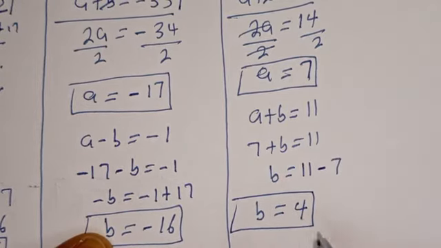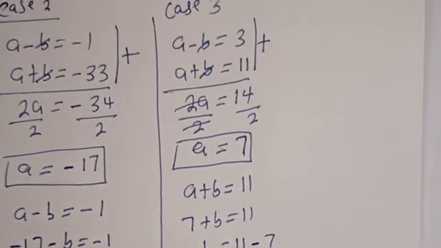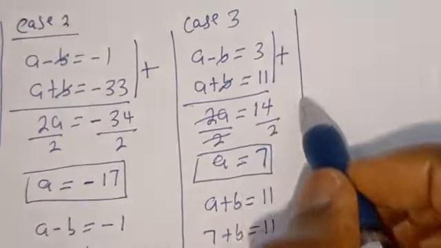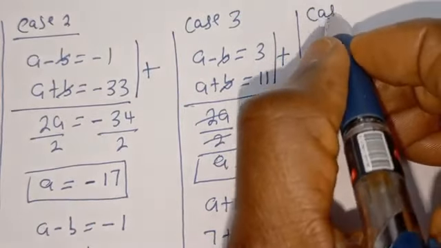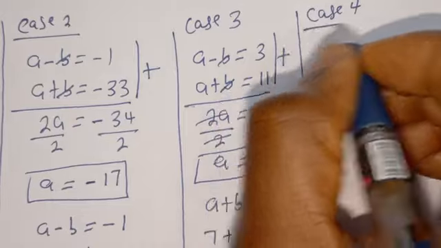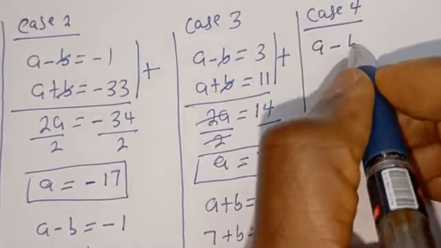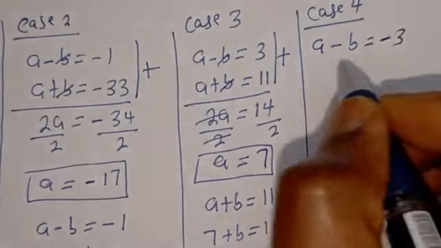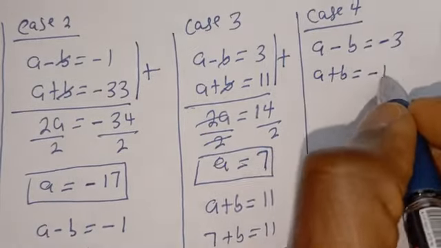Now let's consider the last case, which is case 4. From case 4, we have a minus b is equal to minus 3, then a plus b is equal to minus 11.